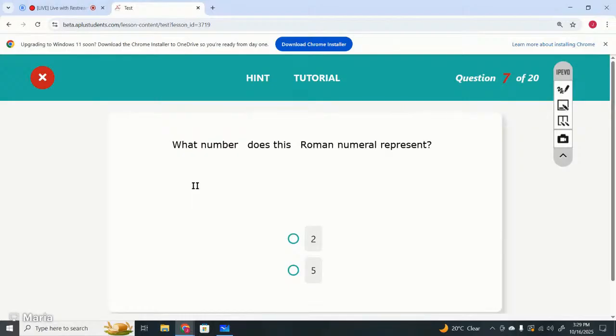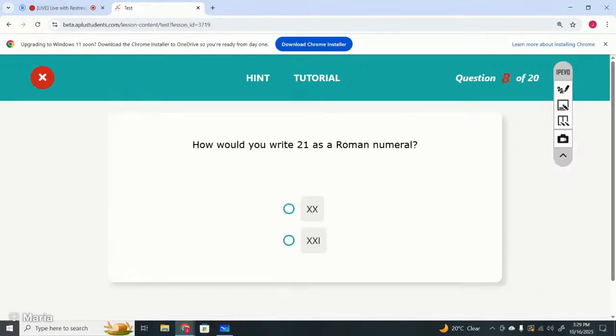What number does this Roman numeral represent? That is 2. Option number 1 is the correct option. How would you write 21 as a Roman numeral?